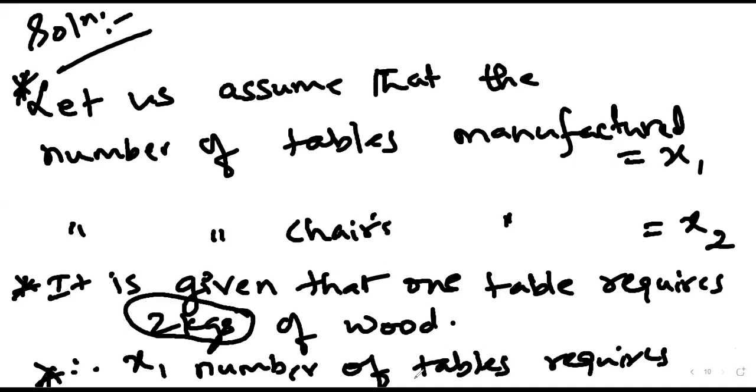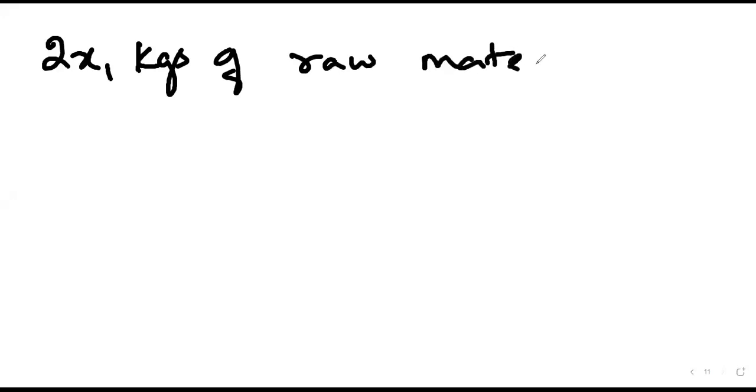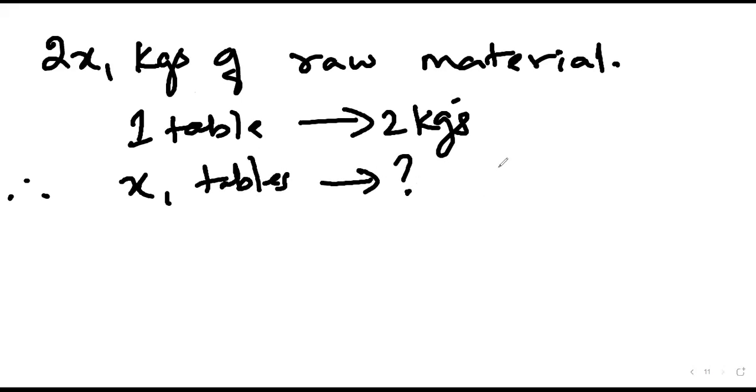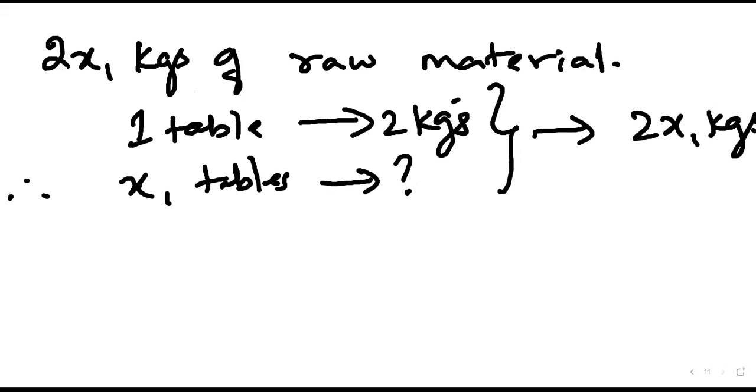So x1 number of tables require 2x1 raw material. That is nothing but one table requires 2 kgs, so x1 number of tables would require 2x1 kgs.